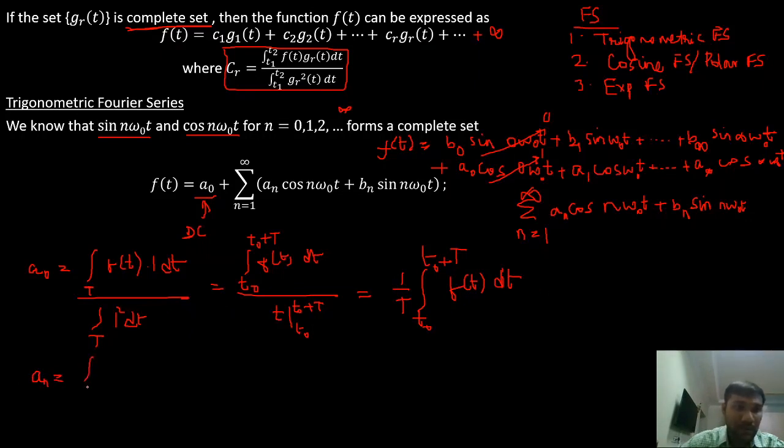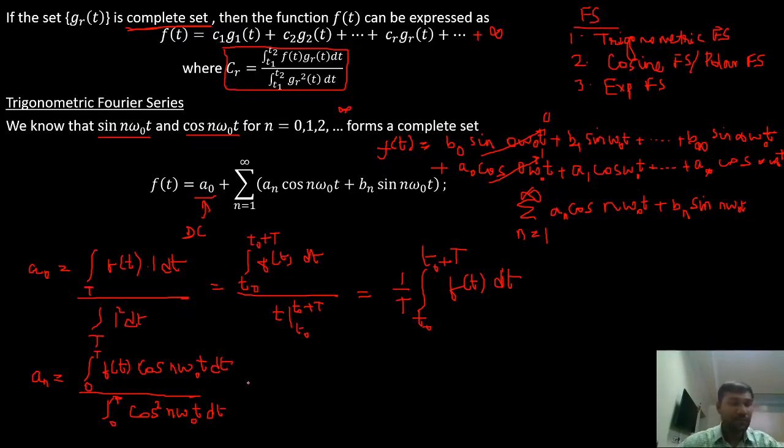So similarly, if I find an, I'll have the integral, let me consider for simplicity purpose, 0 to T f of t times my gn of t, which is going to be cos n omega naught t, divided by the integral 0 to T cos square n omega naught t dt, right?